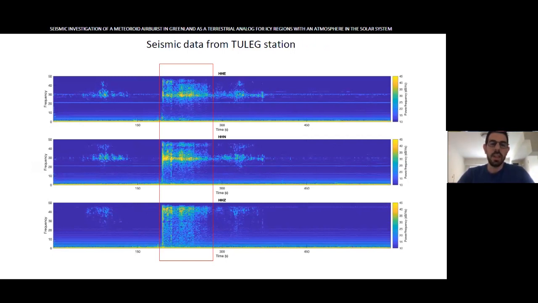We try to investigate this with the knowledge that our seismometer is located on top of the ice shelf. By developing techniques that were already applied and validated in previous papers and works for other airburst events, we try to apply the same techniques here on an ice shelf in order to do the inversion of the structure of this ice shelf using the airburst.